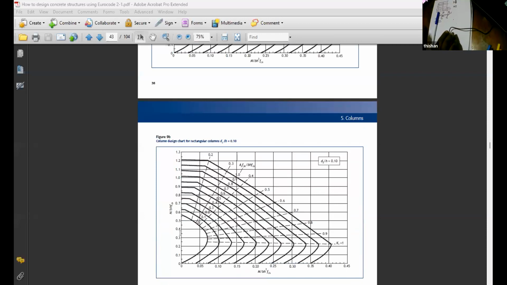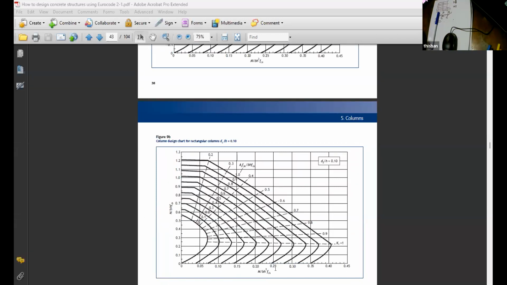But the difference is, here you can see N/bh fck, M/bh squared fck. So that means the information given in many documents, many pages for different grades of concrete, can be brought onto one chart. So here we have only one chart, right?